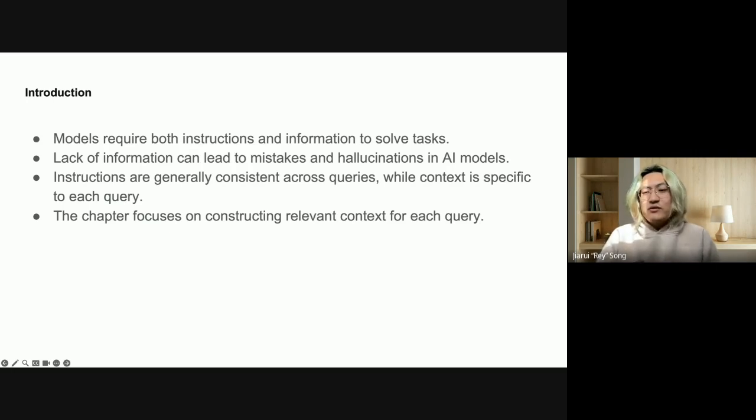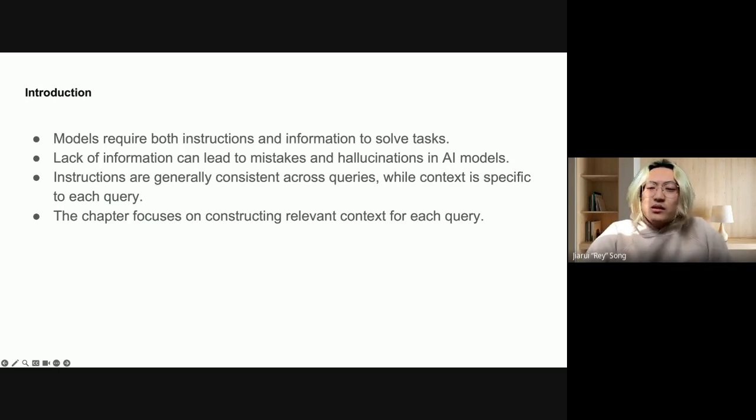Think of it like asking a person for help: they need to know what you want them to do and have the information required to do it correctly. Just as a person might give a wrong answer if they lack the right information, AI models are more likely to make mistakes and even hallucinate, generating incorrect information, when they are missing crucial context. This highlights the critical role of providing models with the knowledge they need.